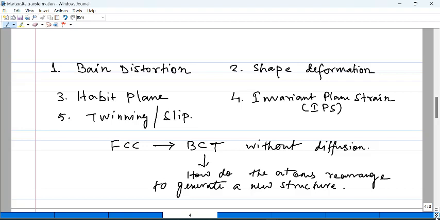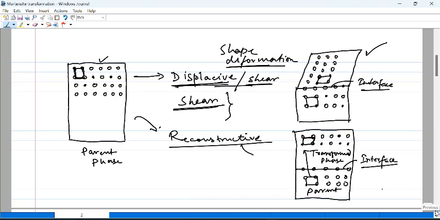I mean, as a theory, that is good for us to understand how the atoms could rearrange to a new pattern. Okay. Ultimately, what happens due to this, that is something that you need to understand. Whether it remains like this or there are some more that you need to bring in over here to ultimately get the structure of the Martensite, which is practically obtained. This theory should be able to explain that.